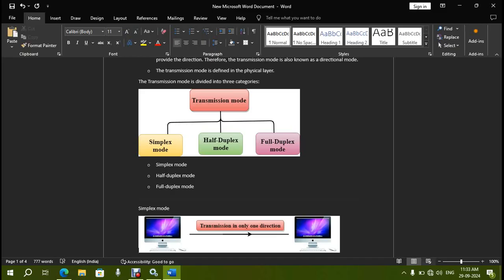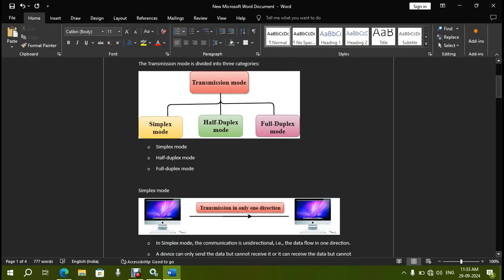Suppose there is one computer and here is another computer. Transmission in only one direction is simplex. Another example is television or FM.